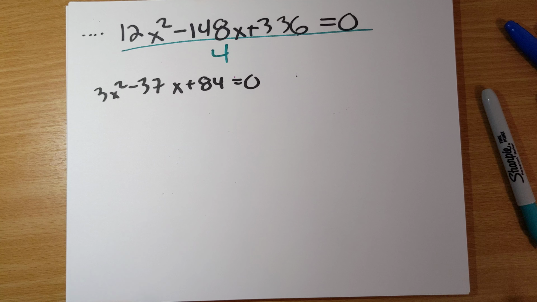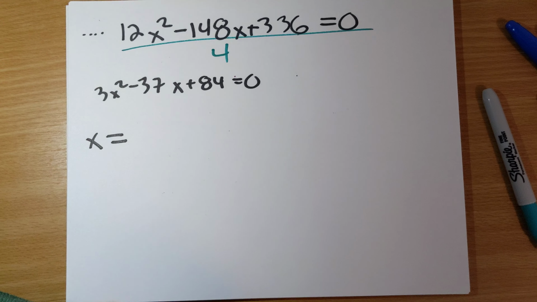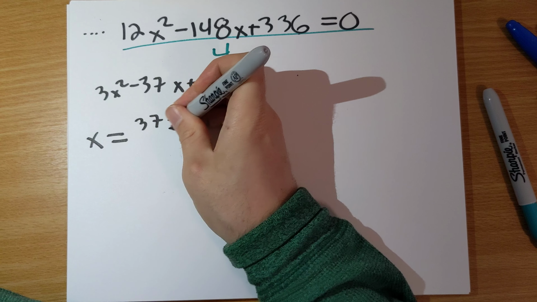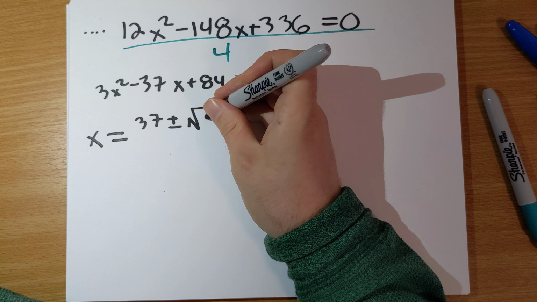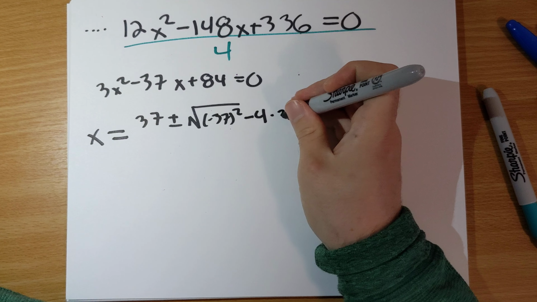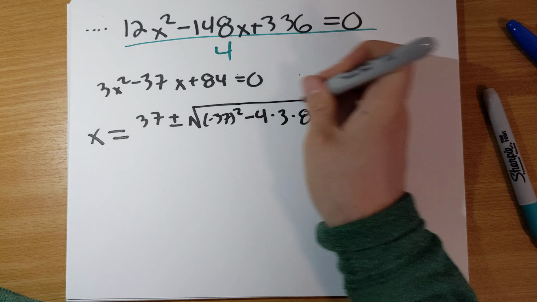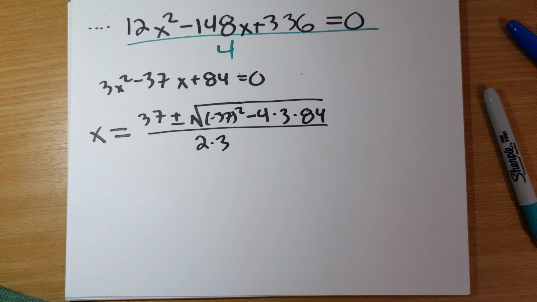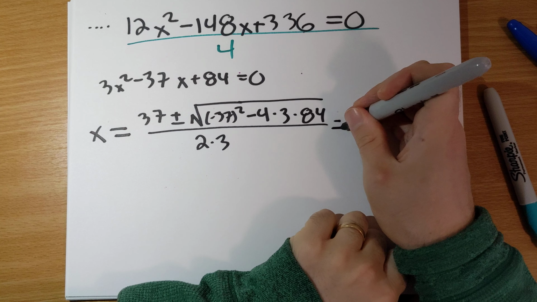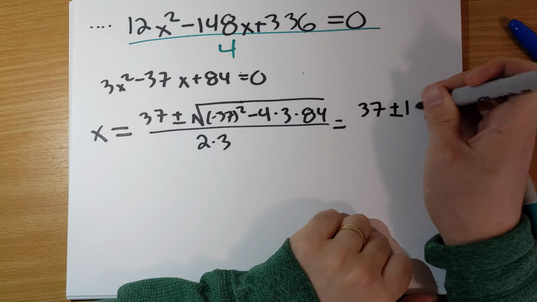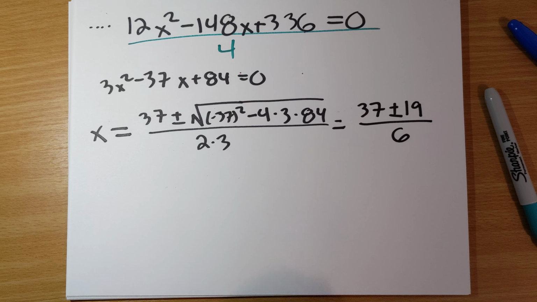And now this is a quadratic equation. This is a little bit simpler one. Let's use the quadratic formula here to solve this. So x is equal to negative b, 37, plus or minus the square root of b squared, negative 37 squared, minus 4 times a times c, all of this over 2 times a, 2 times 3. And if you crunch this out, you end up with 37 plus or minus 19 all over 6.